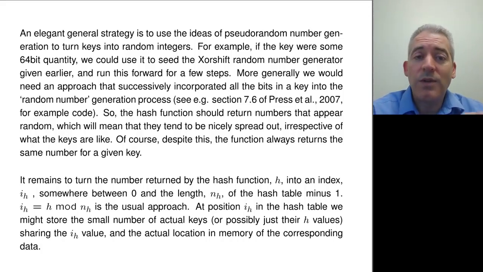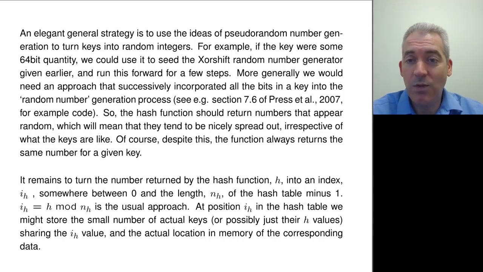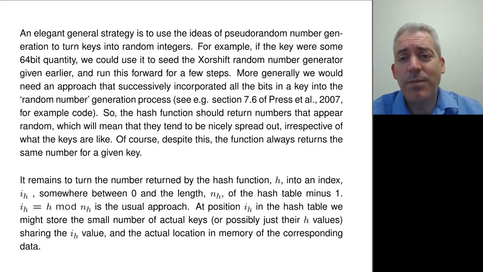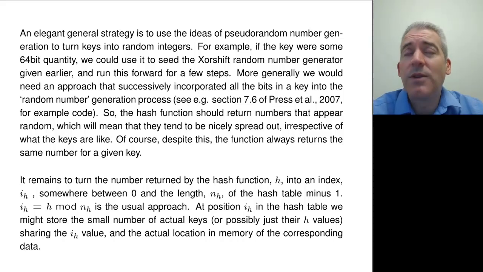So we're using exactly the same idea here, but we're crucially using the fact that it is deterministic and the result looks completely, uniformly random. Whatever key value we put in, we get the same hash value out.